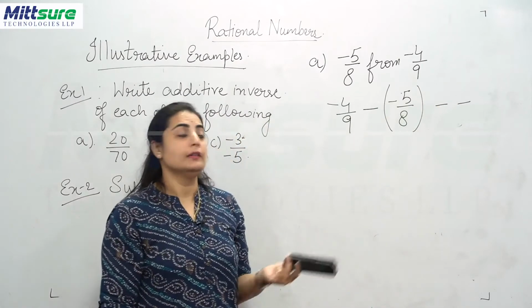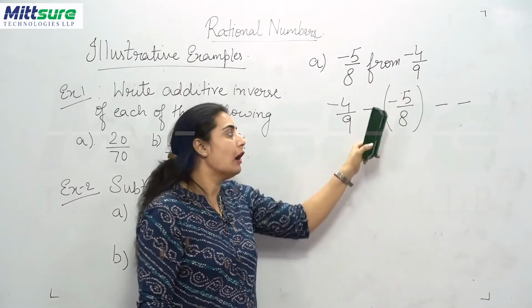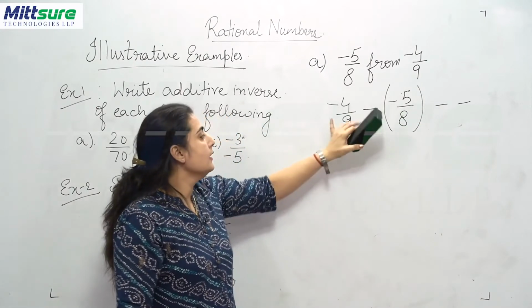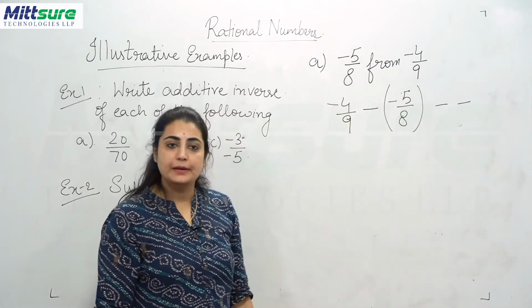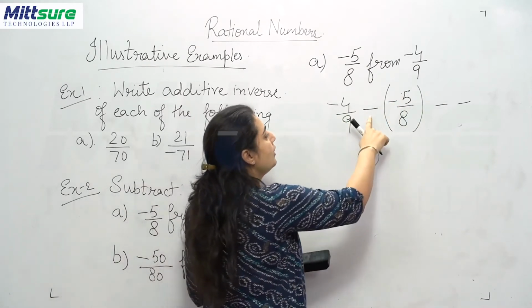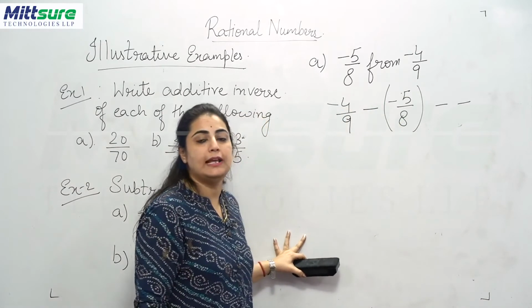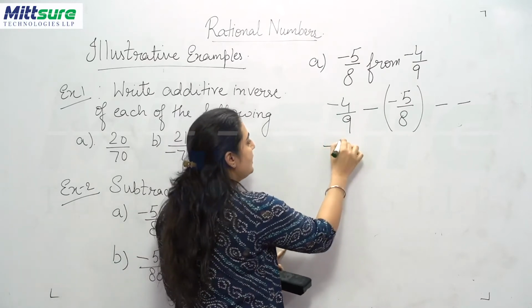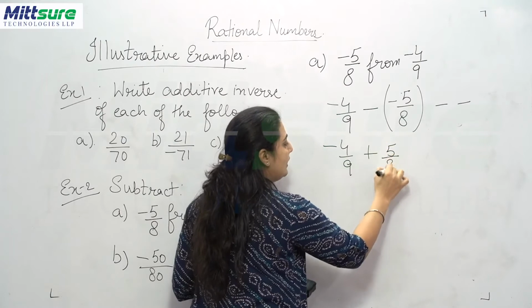It is not recommended to write two signs together without a bracket. So it is convenient to write minus 5 upon 8 inside the bracket. Now what are we going to do? We are going to change the sign by multiplying the two negative signs here. Minus 4 upon 9 plus 5 upon 8.